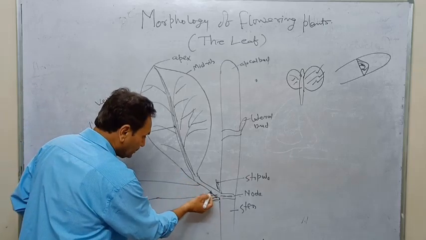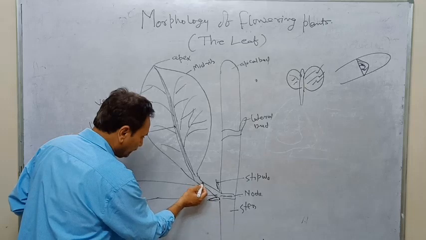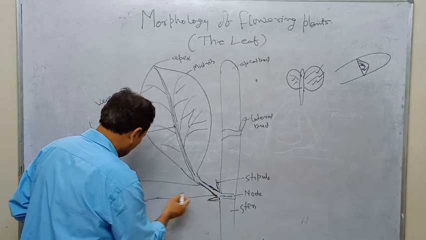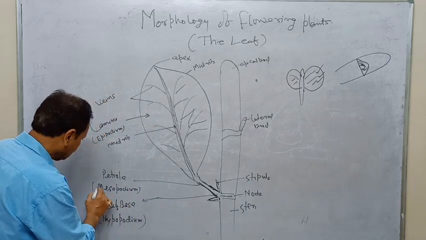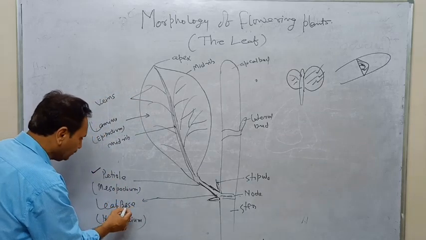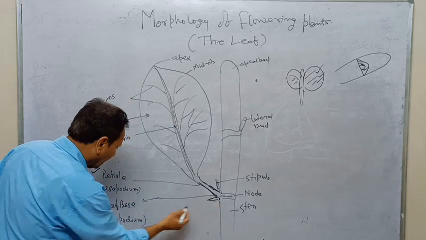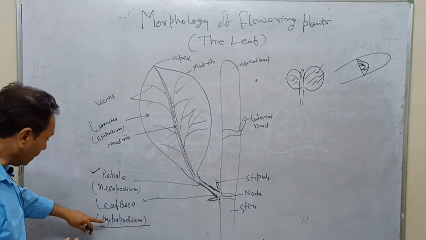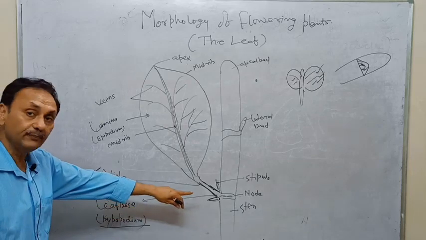It is the origin point. From the origin point, a cylindrical structure is present, called the petiole, which originates from the base, and this base is called hypopodium or leaf base.